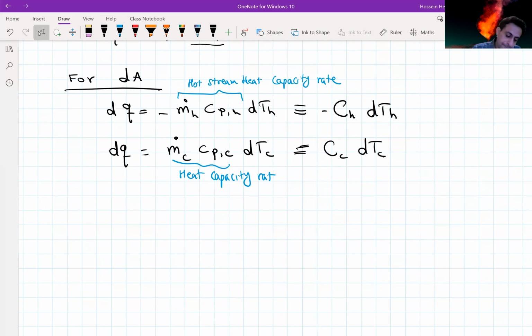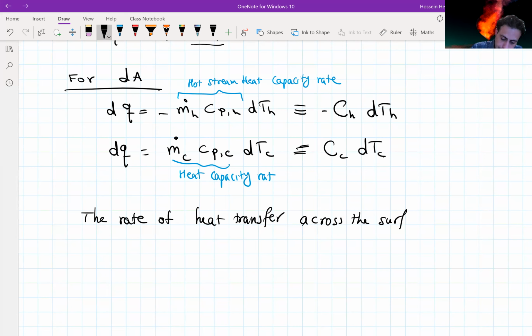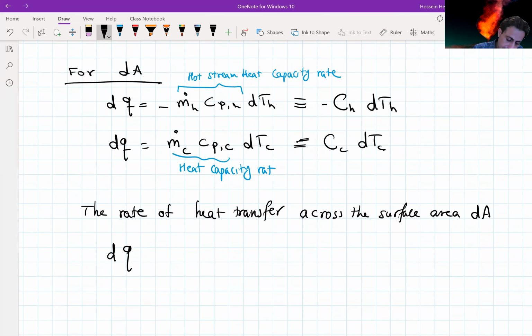Now the rate of heat transfer from the hot to the cold across the surface area dA can be expressed as dQ is U (Th minus Tc) dA.